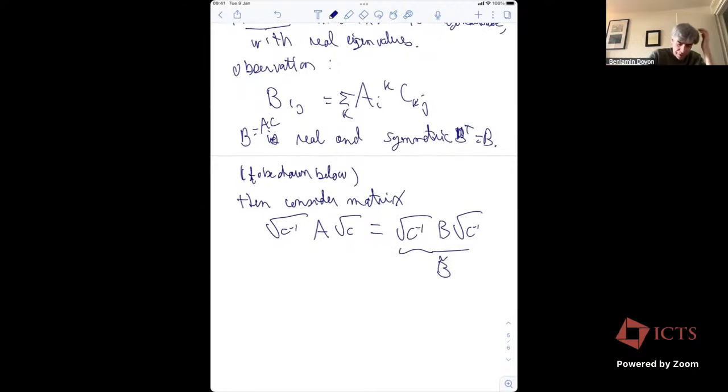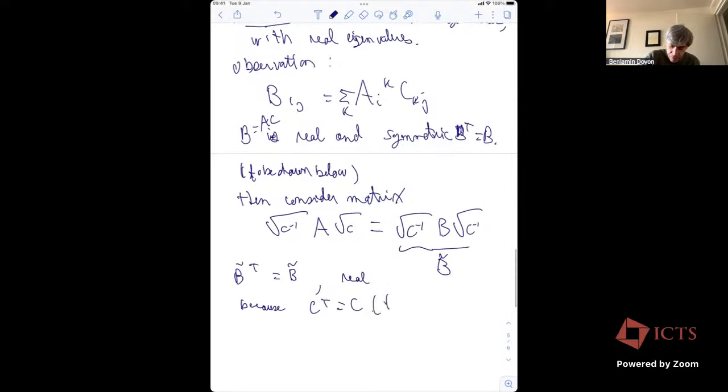B tilde is still symmetric and real, because C itself is symmetric. If I do the transpose, I get C inverse on the left and C inverse on the right, because C transpose equals C.